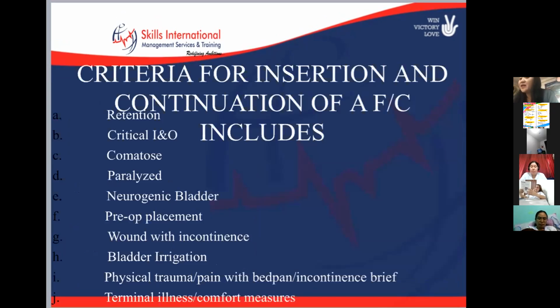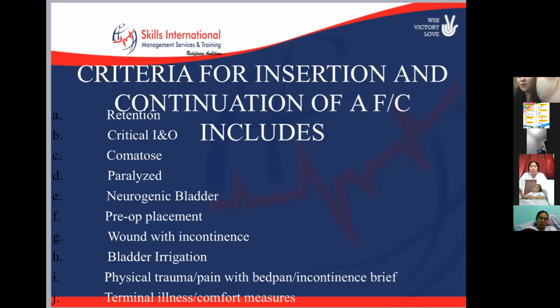Now, criteria for insertion or continuation of a Foley catheter include when the patient has retention, he is not able to pass out urine. And if there is a critical need for intake and output collection of the patient, they have to monitor it 24 hours or hourly. They are checking it, they put it in a log.